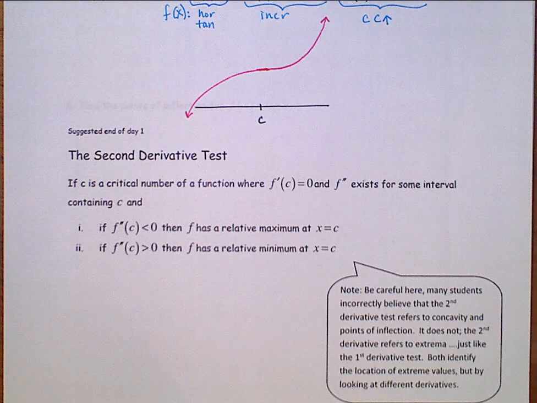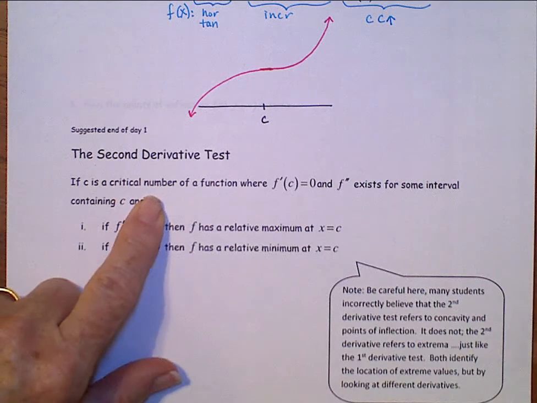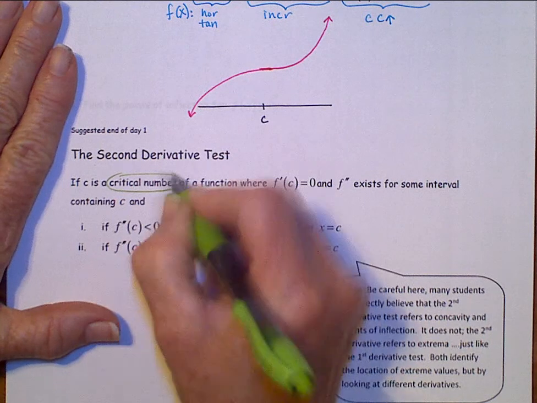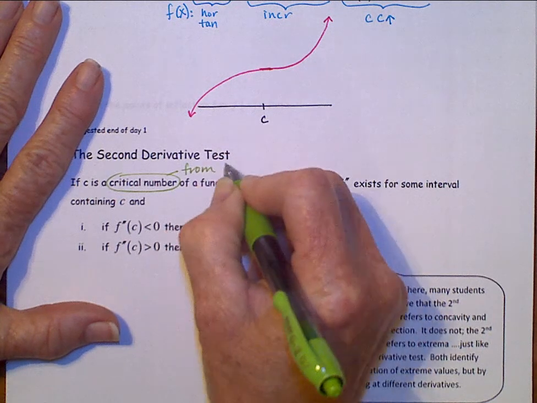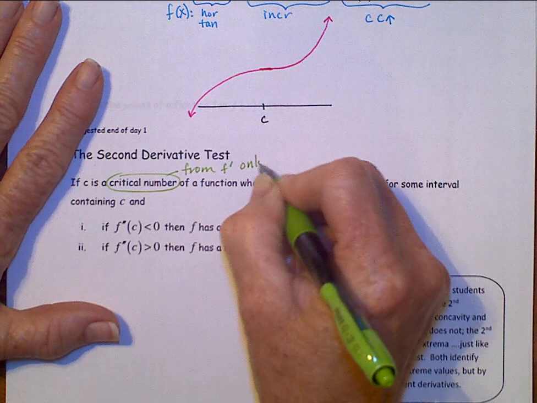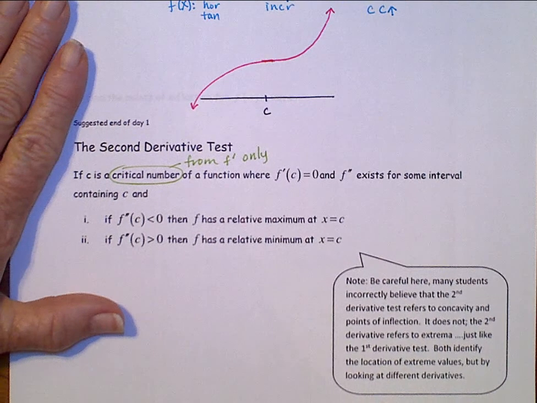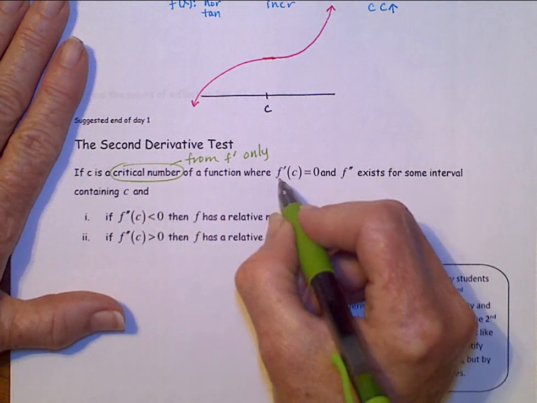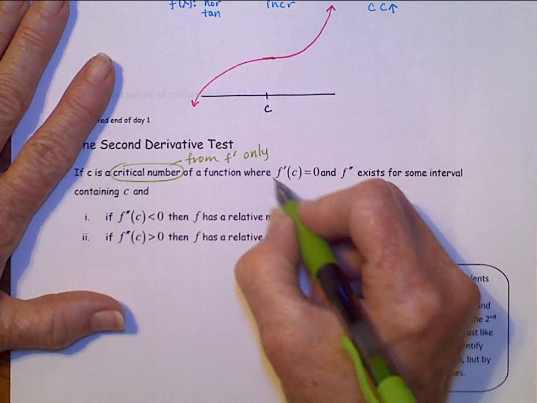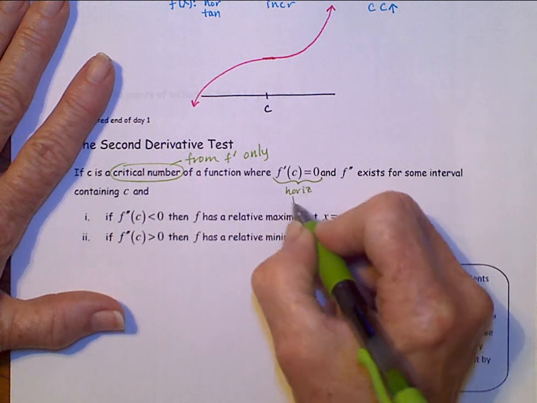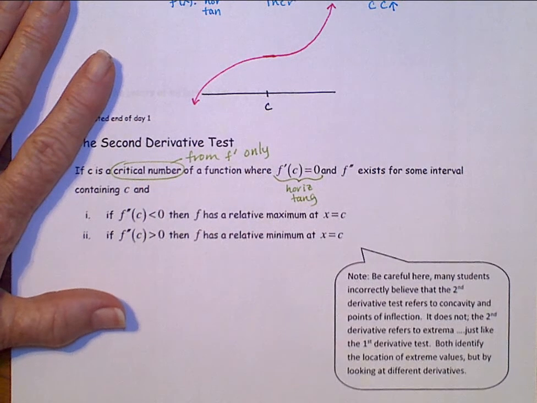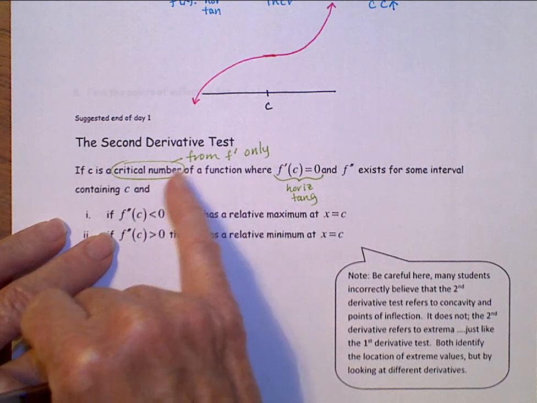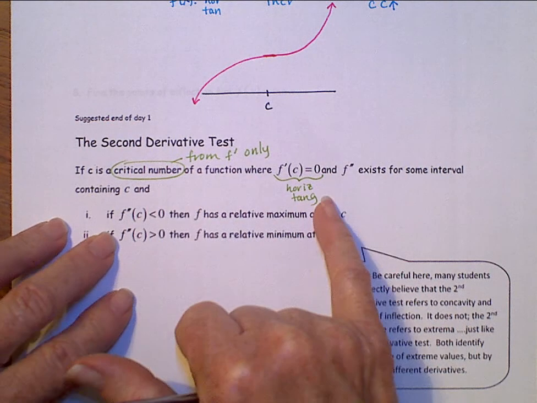If c is a critical number, a critical number is from f prime only. It's not from f double prime, it's only from f prime. And it's the critical number where the derivative was equal to 0, where we had a horizontal tangent.